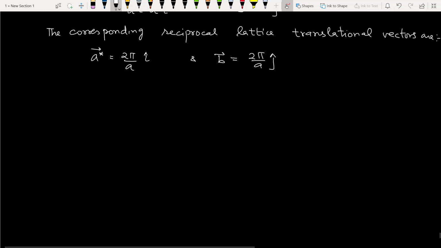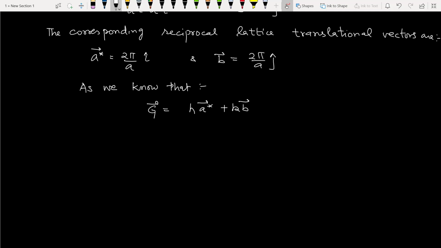So as we know, for an hkl plane the reciprocal lattice vector is given by this.